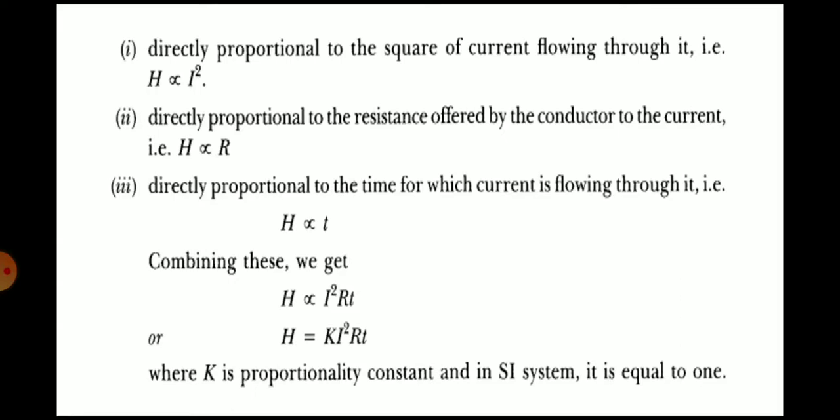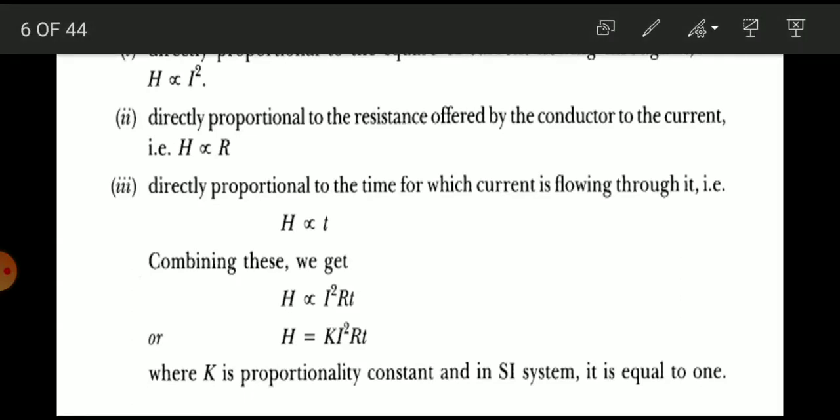Now it is written in mathematical shape: directly proportional to the square of current, directly proportional to the resistance in a conductor, directly proportional to the time for which the current is flowing.